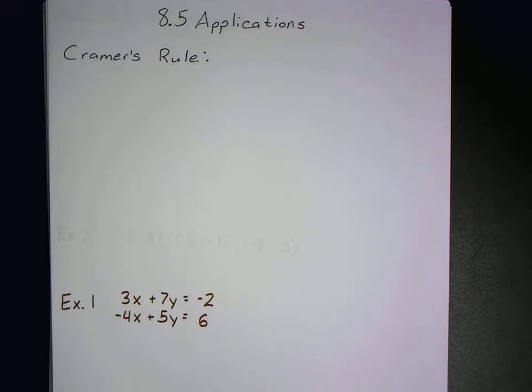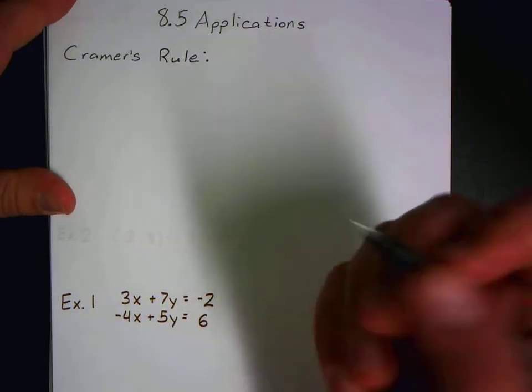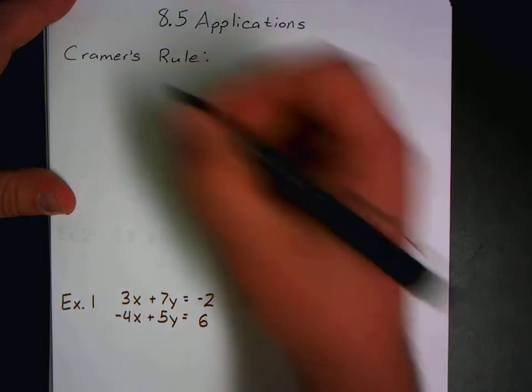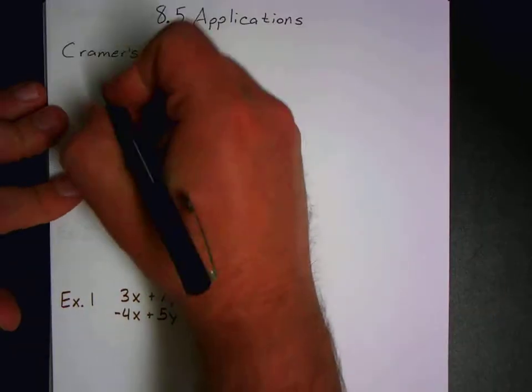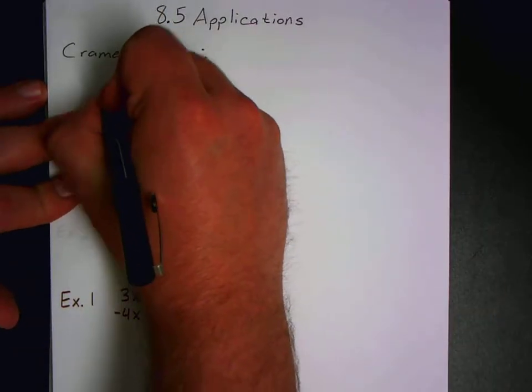So what Cramer's rule does is we take a system of equations, and depending on how big your system is depends on how many matrices you need. So the first matrix you make is an A matrix.